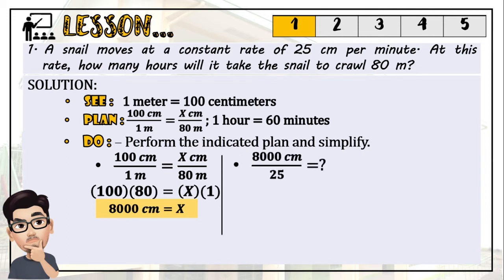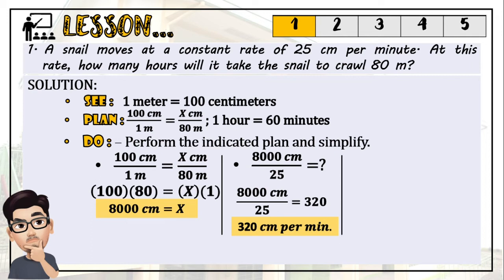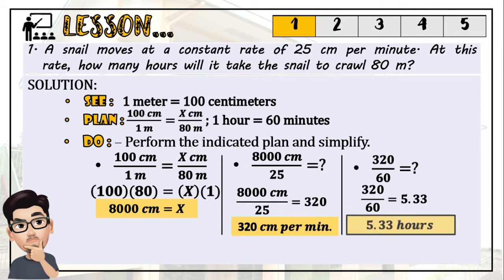Okay, then afterwards we divide it by 25, which is 320 centimeters per minute. Okay? So, how about in hours? So, we will divide it by 60, and it will lead us to 5.33 hours.